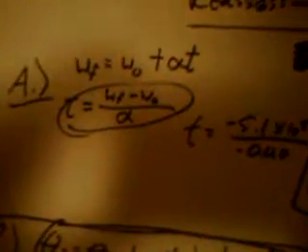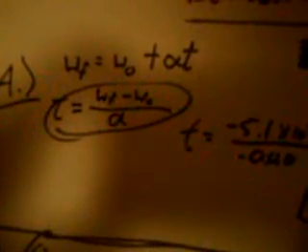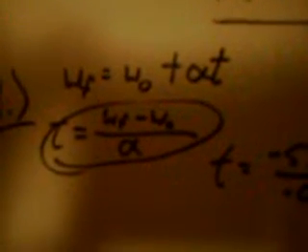Okay, so to find the time that it takes, we can use the formula: the final velocity equals the initial velocity plus the acceleration times the time, and resolve that to get time equals the final velocity minus the initial velocity, divided by acceleration.